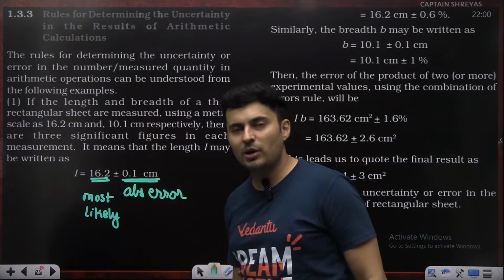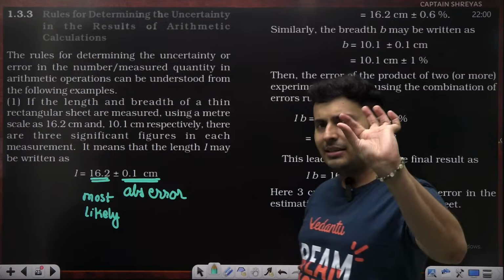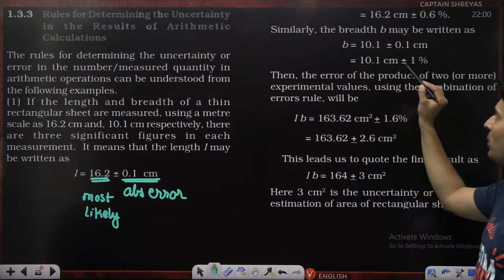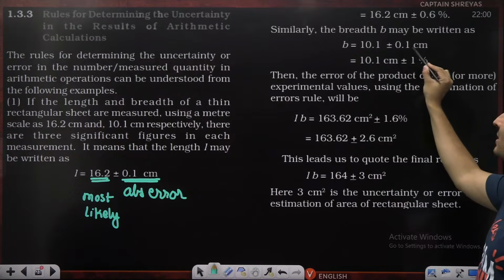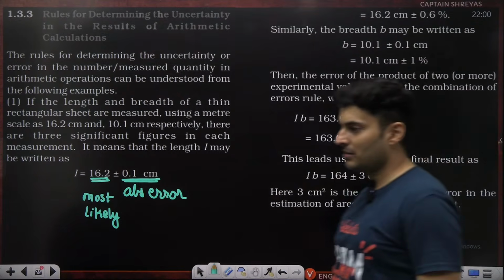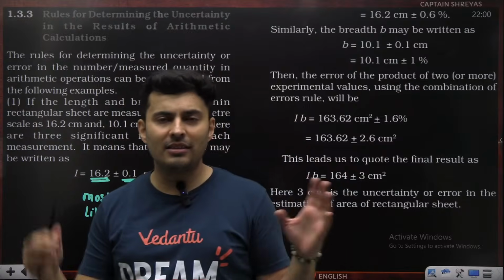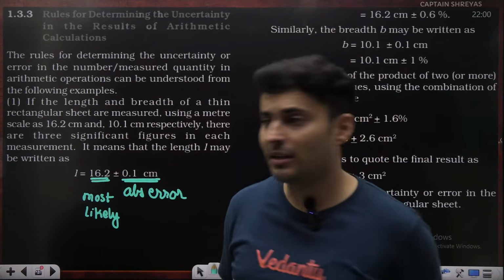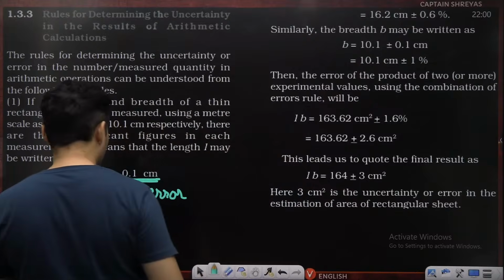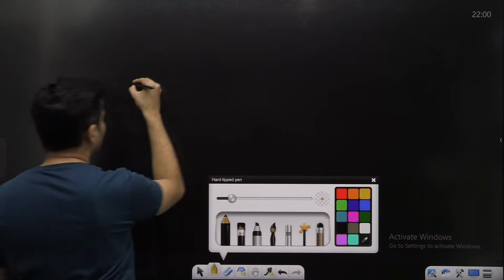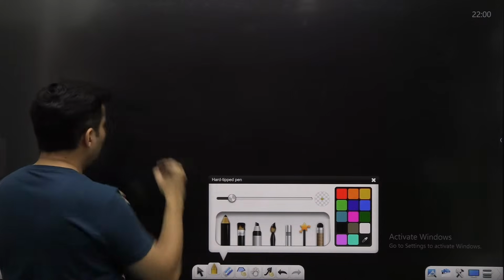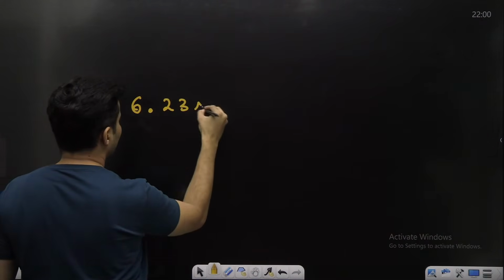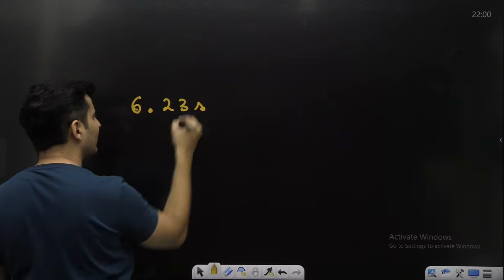Same way, when I write 10.1 centimeters, that last single digit is slightly uncertain. So it could be 10.1 plus minus 0.1 centimeters. Everything that you measure around you has some uncertainty. So if I tell you, my dear warriors, that the time I measured using a very special clock was 6.23 seconds, this is always that uncertain digit.